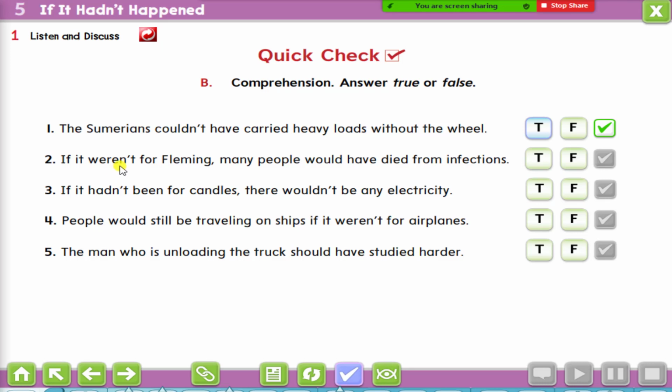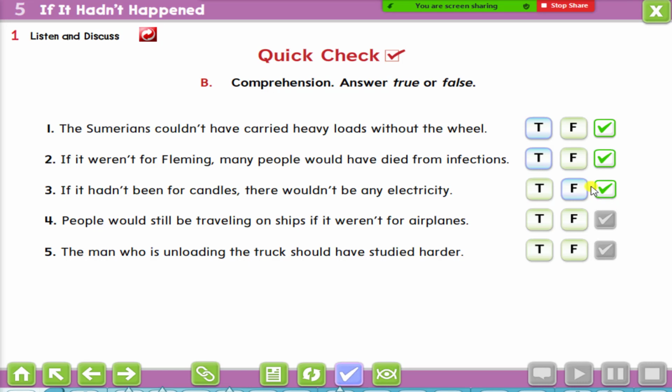If it weren't for penicillin, many people would have died from infection. True. True, very good, thank you. Number 3. Yes, Ayman. If it hadn't been for candles, there wouldn't be any electricity. False. False. Yeah, very good, thank you.